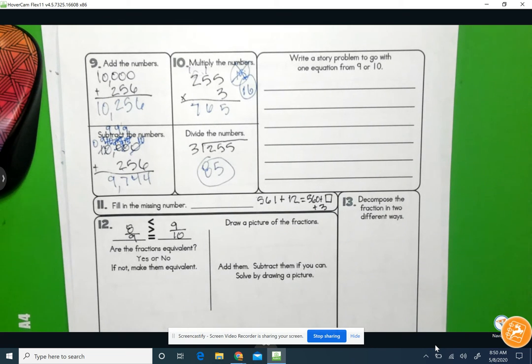We have 561 plus 12 on the left-hand side of the equal sign, and then we also have 560 plus some number plus 3, and we got to make sure that those numbers are equal. Now, 560 and 561 are not equal.